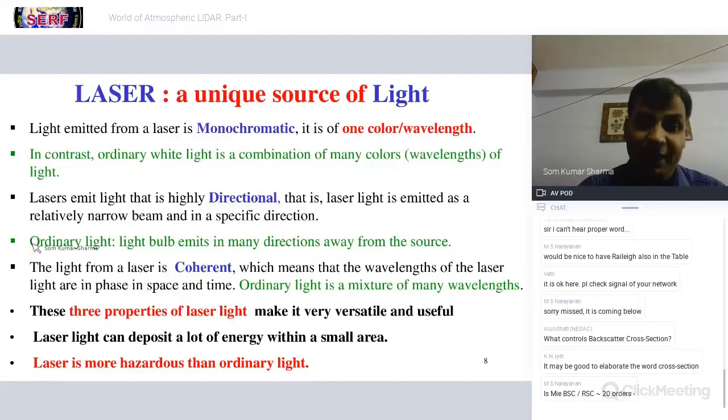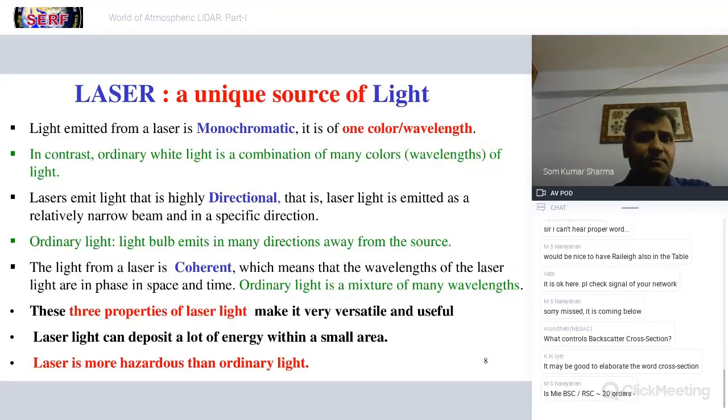Contrary to it, ordinary light, like a light bulb, emits in many directions, away from the source. I will illustrate this more diagrammatically in a few slides.